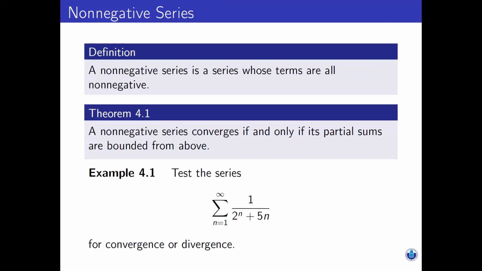So what it means is that if a_n are all positive, then this series converges if and only if the partial sum is bounded by M for all n.